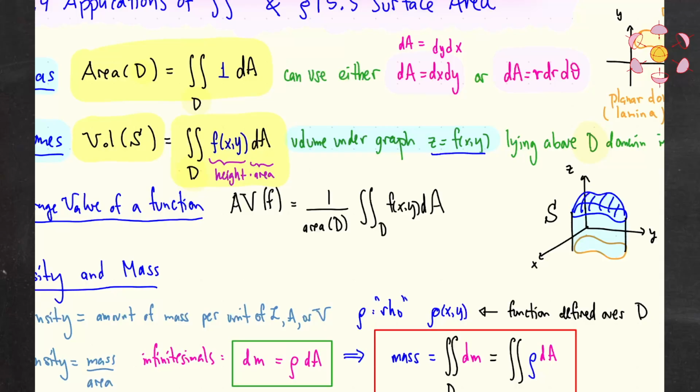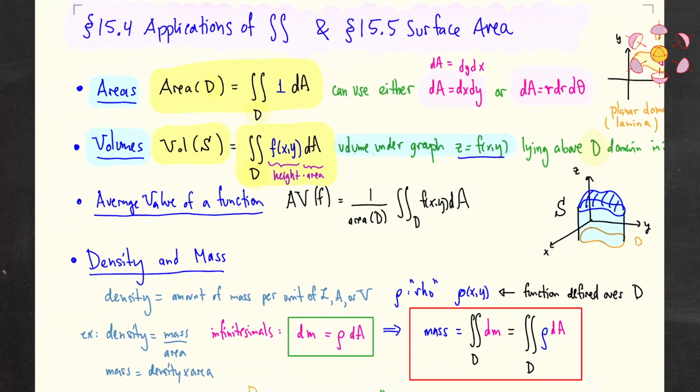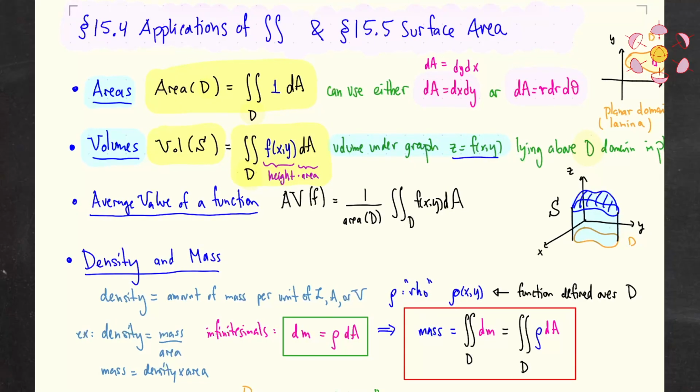Again, thinking of volume under the surface but above the xy plane is another application of the double integral. So this one we haven't looked at before, but it's very simple and it's a nice generalization of the average value.